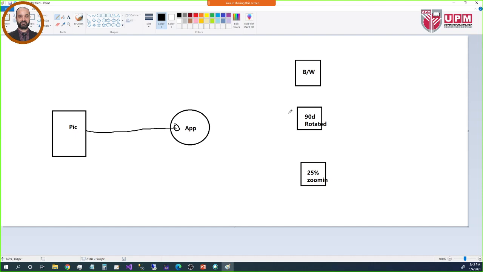Then after it finishes, it will take the same picture again and zoom in by 25%. This is if the machine is single processor, and the application is sequential.